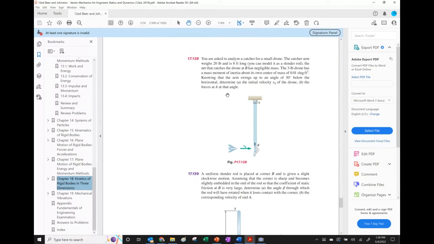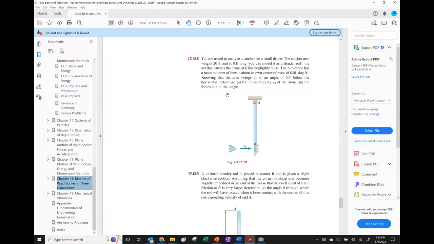I'm looking at this one right here. You're asked to analyze a catcher for a small drone. The catcher weighs 20 pounds, is 8 feet long, and you can model it like a slender rod. The net that catches the drone at B has negligible mass. The 3-pound drone has its own mass moment of inertia of 0.01 slug feet squared.